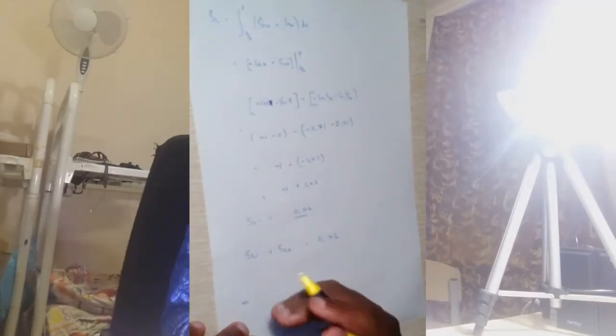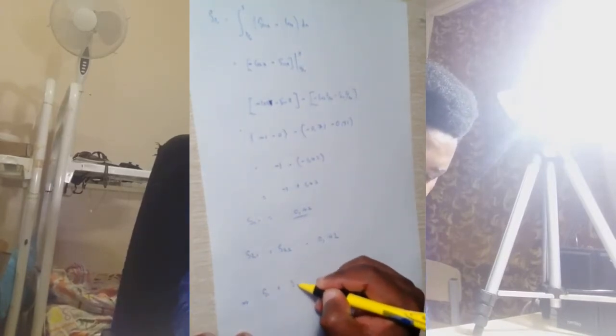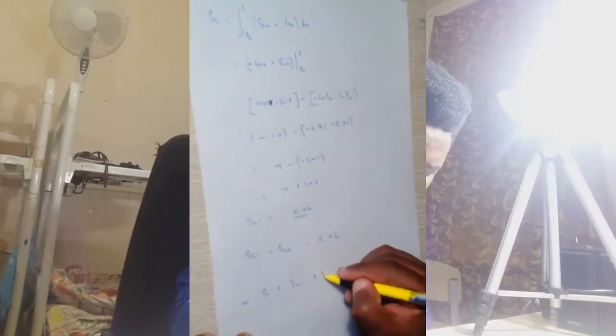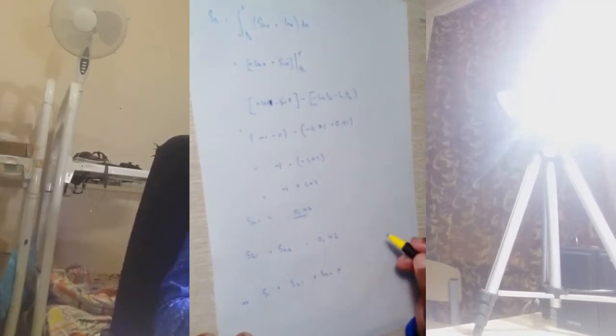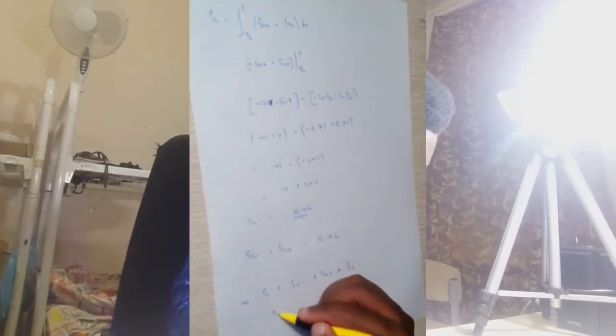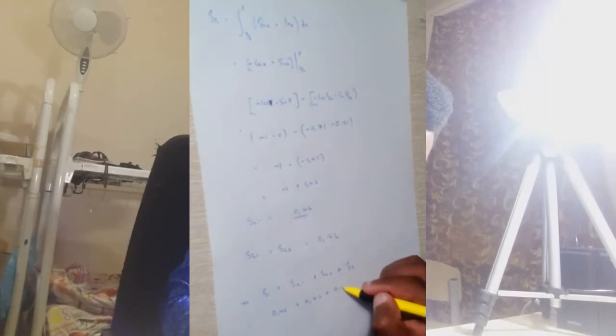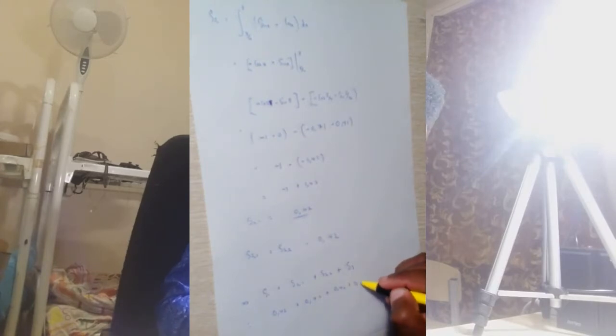If we need to find the total area bounded by these graphs and these lines, we are just going to add S1 plus S2.1 plus S2.2 plus S3, which is equal to 0.42 plus 0.42 plus 0.42 plus 0.42.